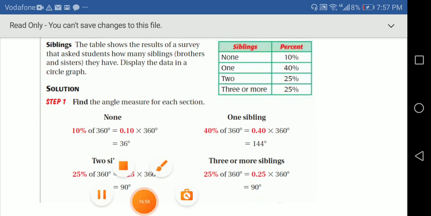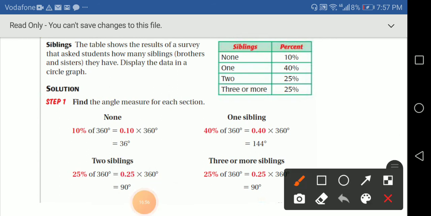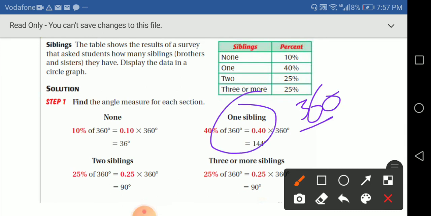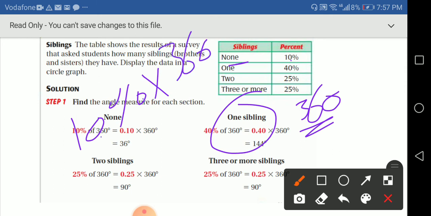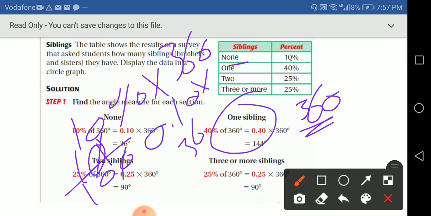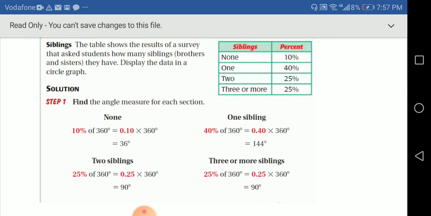So we have the angles. We know that the total of angles in one circle gives me 360. And I have 10%. If I ask about the none, it will be 10% multiplied by 360. So 10% means 10 over 100, so I got 1 over 10, which is 0.10 times 360.